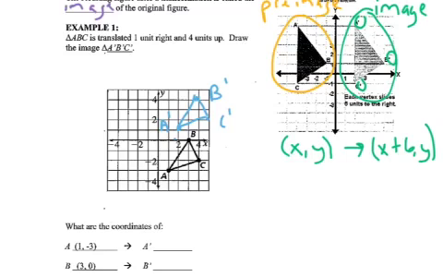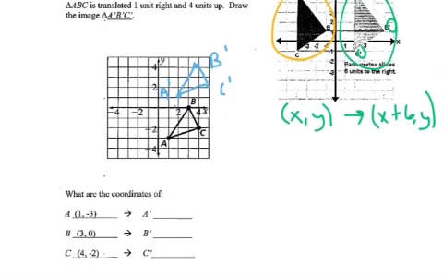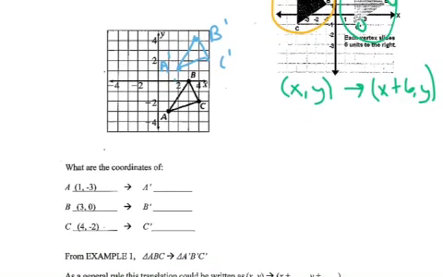It is also asking me to write the coordinates of my new image. So A prime, my ordered pair would be 2, 1. B prime, 4, 4. C prime would be 5, 2. If you don't understand how I'm getting my ordered pairs, please ask your teacher, because this is a past concept you should already know how to do.